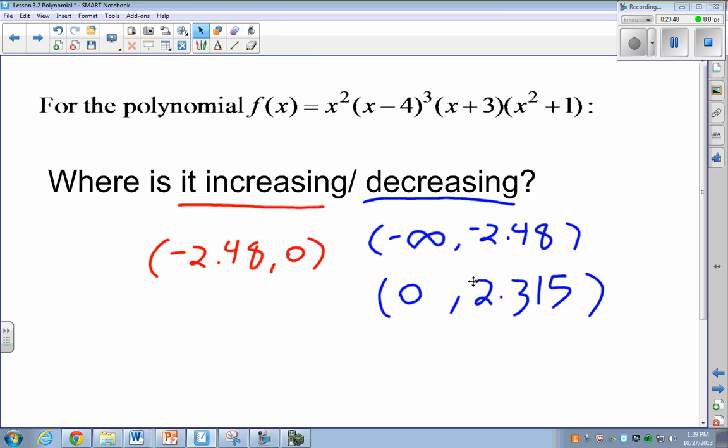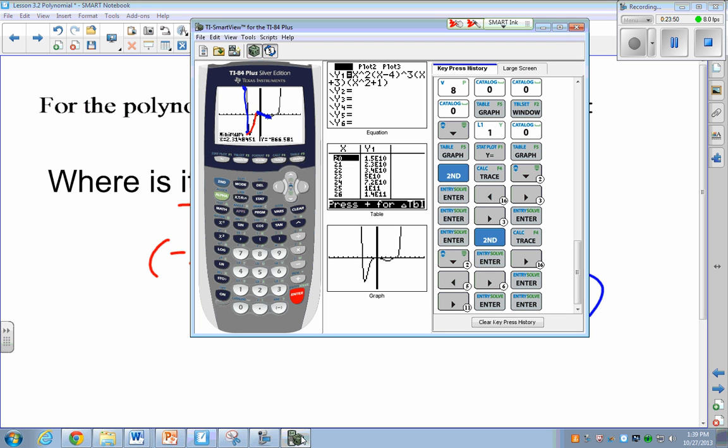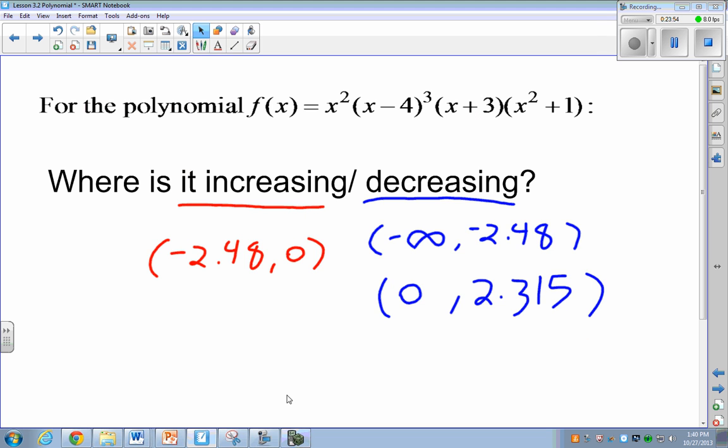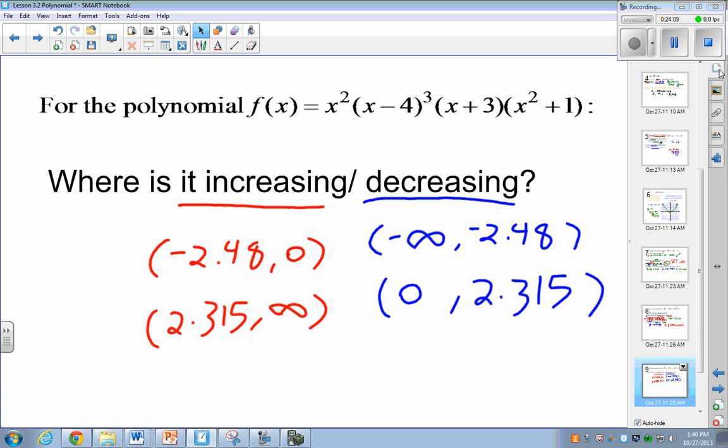Now if we look at our graph, we're not quite done yet because it's increasing for everything up to here. And so we can write that as 2.315, comma, positive infinity. Okay, so those are all the steps to graph a polynomial.